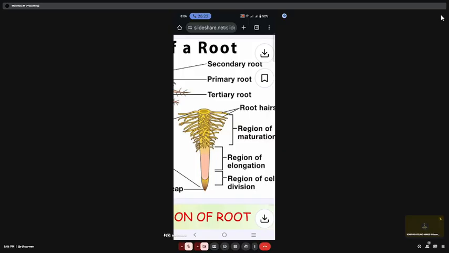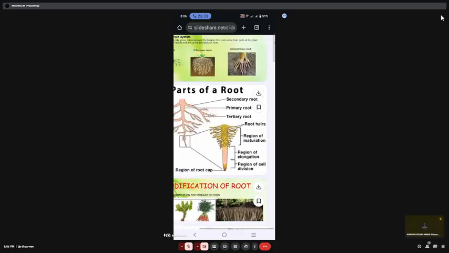When the root hairs are destroyed, they regrow again. So these are the different regions of the root.